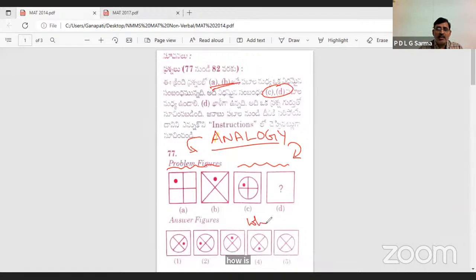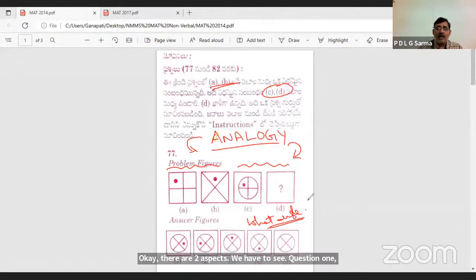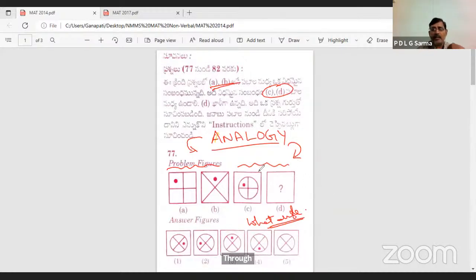These two things we have to check. First we have to check whether it is rotated clockwise or anti-clockwise, and then based on that we have to decide through what angle.